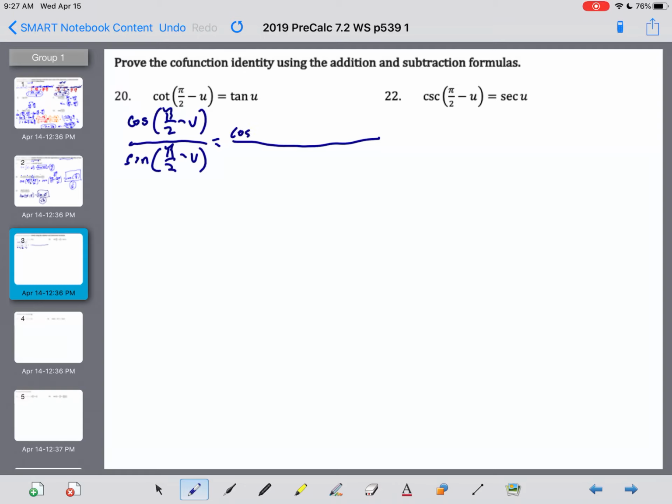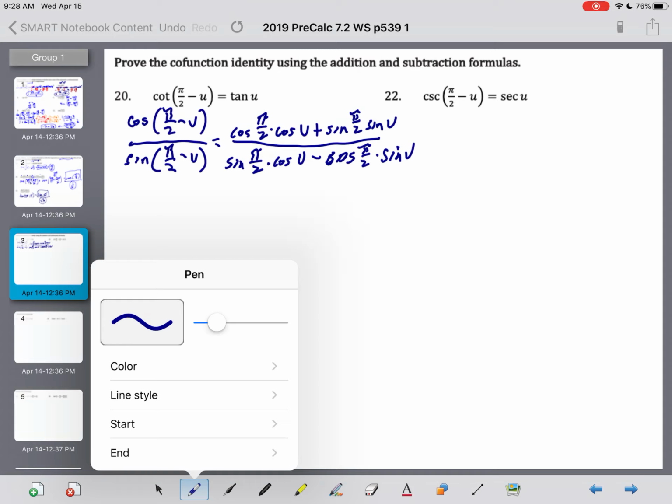So cosine is cosine pi over 2 cosine u plus sine pi over 2 sine of u. Write small, or you're going to run into the other problem. Down below, we're going to get the sine of pi over 2 cosine u minus cosine pi over 2 sine of u.